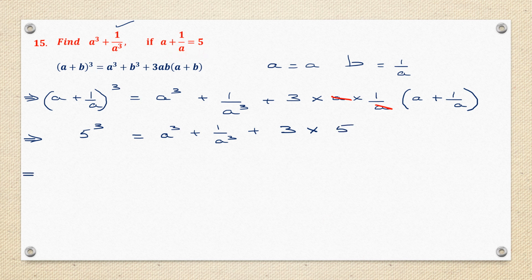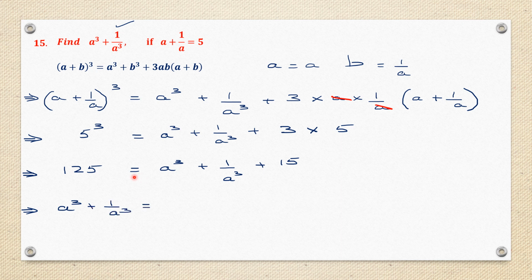So next step is 5 cube. How much is 5 cube? 5 into 5 into 5 is 125. Then here we have a cube plus 1 by a cube, which we are going to find out, plus 3 5s are 15. Now what we need to find out, let's bring it to the left hand side. So that is a cubed plus 1 by a cubed. We've brought it to the left hand side.